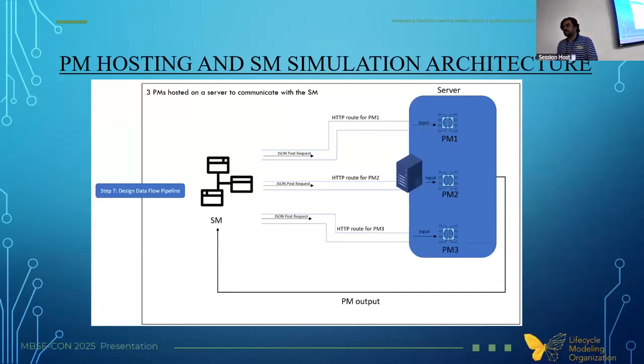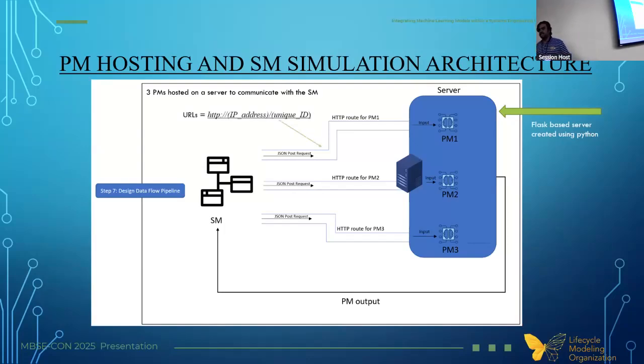The way it works is that I have a simple server created using Python on Flask, and I host n number of predictive models on that server. N equals 3 in this diagram. Each predictive model gets a unique HTTP route. You can access those models through these HTTP routes, which are an HTTP IP address and a unique ID. Your system model, the one that allows you to run system simulations, would reach out to these predictive models through a unique JSON POST request.